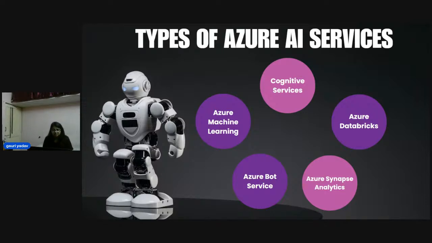So now let's talk about Azure Machine Learning a bit. This service is designed for those who want to build and train their own custom machine learning models. If you have specific needs or a unique data set, you can use Azure Machine Learning to create a model tailored to your requirements.